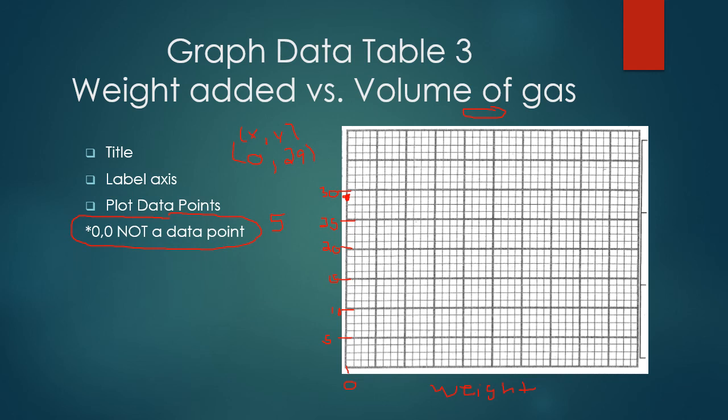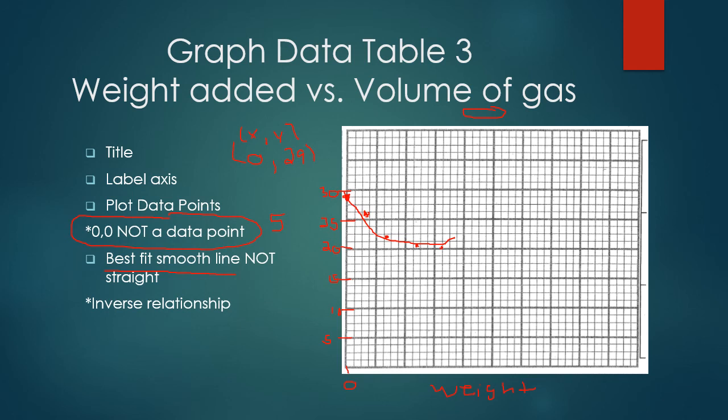Okay, and then you'll be doing 5 more data points. And in this case, they're not going to make a straight line. So for this one, instead of a straight line, we're going to do a best fit smooth line. So it's almost like connecting the dots. You kind of do a nice little curve, a logarithmic type of graph.